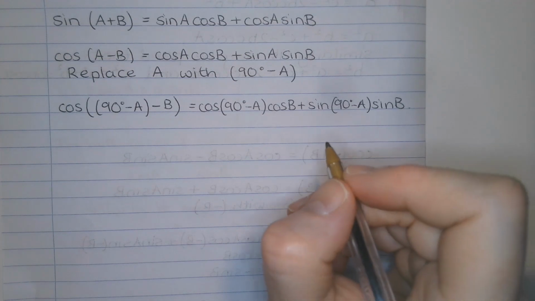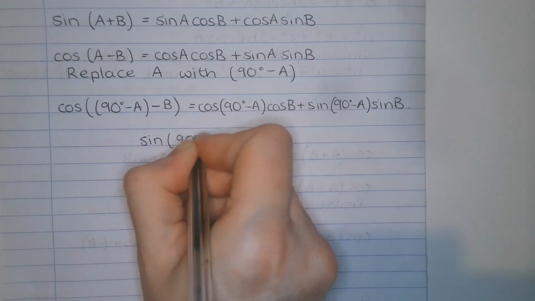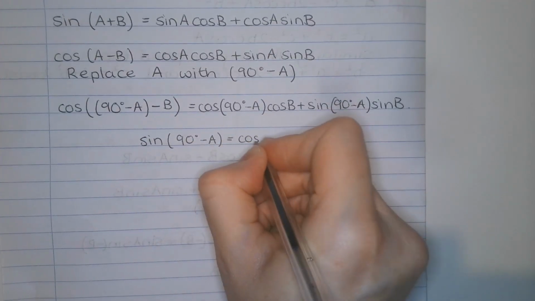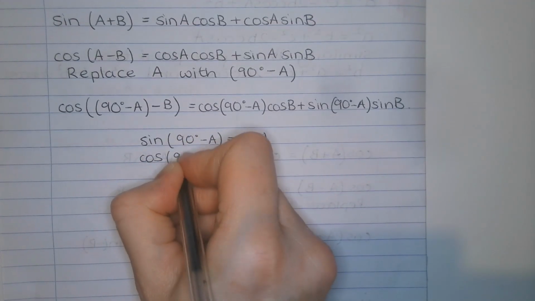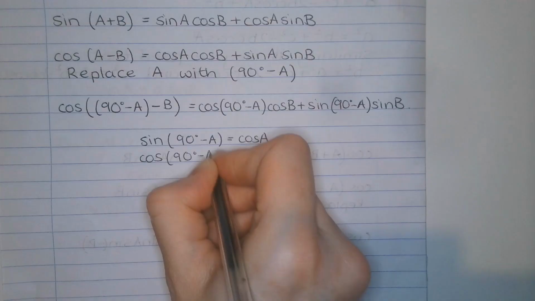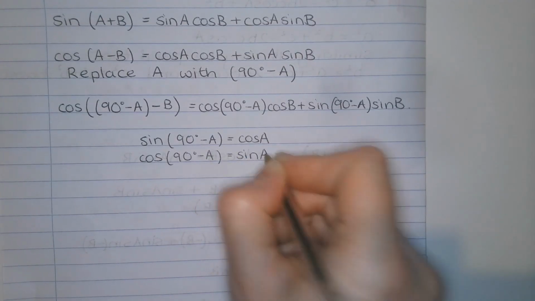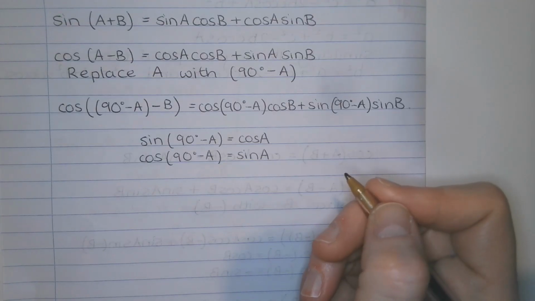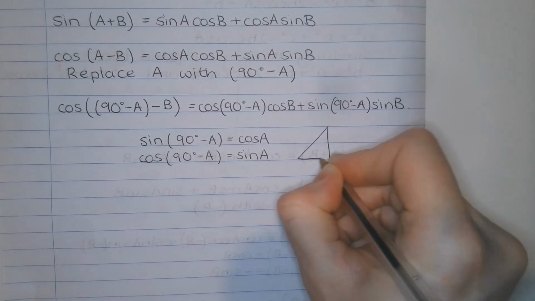Now what we need to know here is that the sine of 90 degrees minus A can be written as cos A, and that the cos of 90 degrees minus A can be written as sine A. And where does that come from? If I just very quickly show you with a quick sketch.